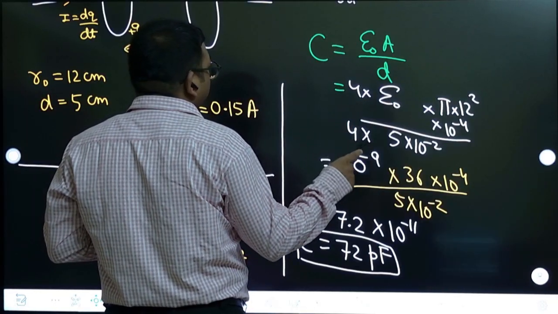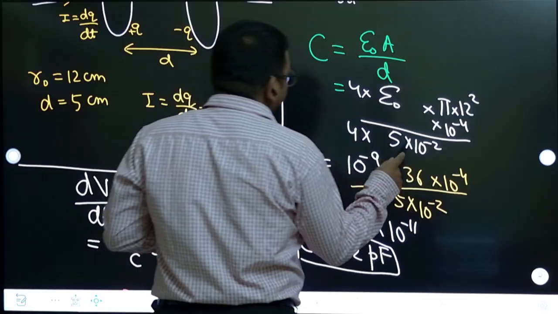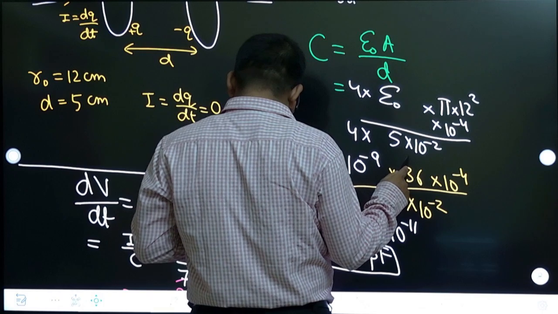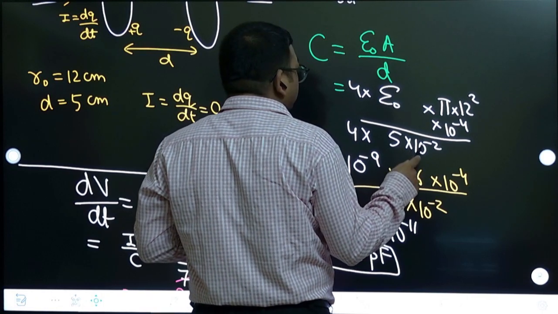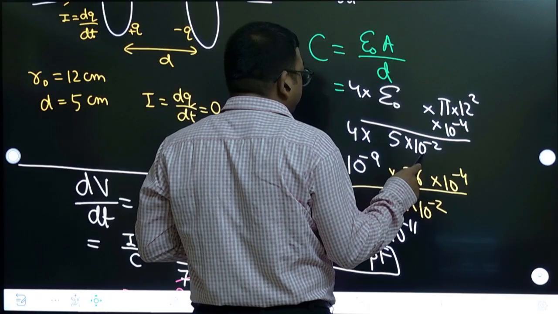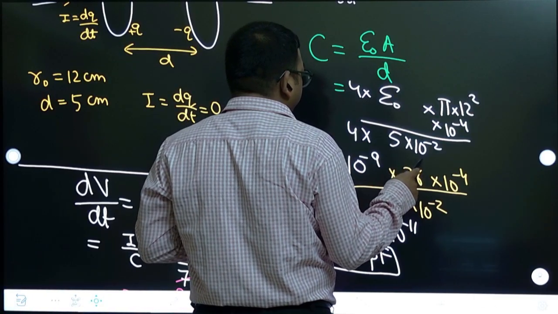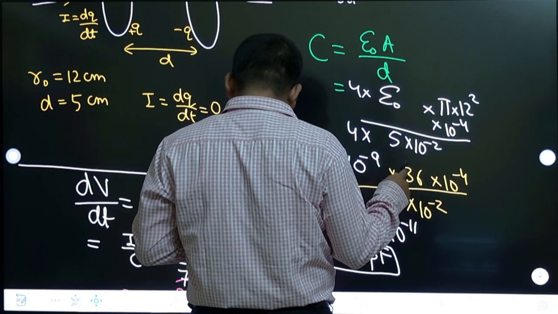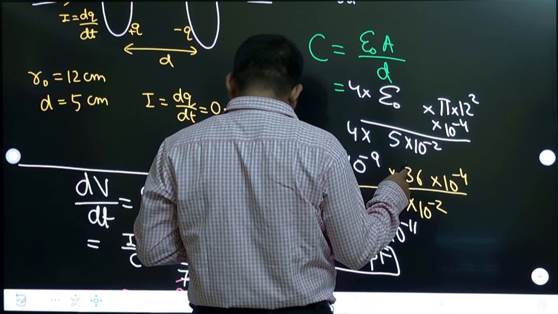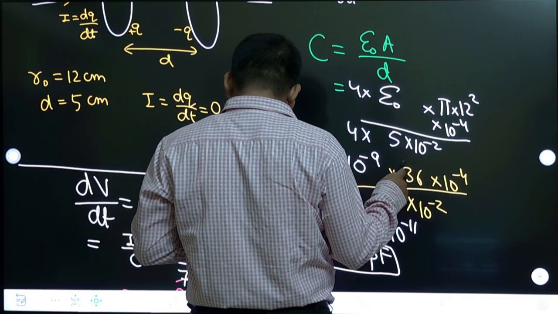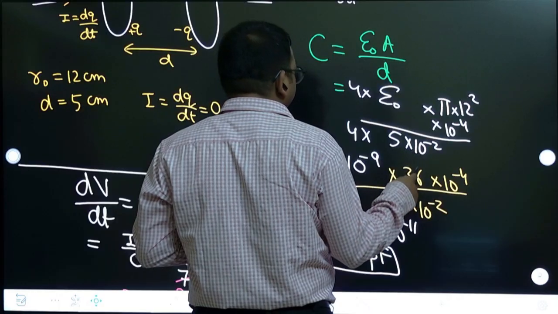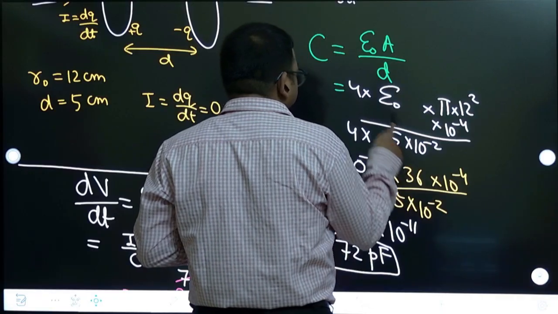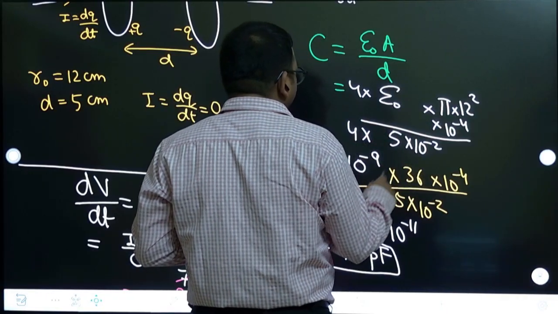Epsilon naught A by D. Epsilon naught area is pi into r square. Radius is 12 centimeter. 12 square into 10 to the power minus 4 centimeter square, right? Then distance between the plates. Distance between the plates is how much? 5 centimeter. 5 into 10 to the power minus 2. I am multiplying 4 to get this factor 4 pi epsilon naught, which is 10 to the power minus 9.